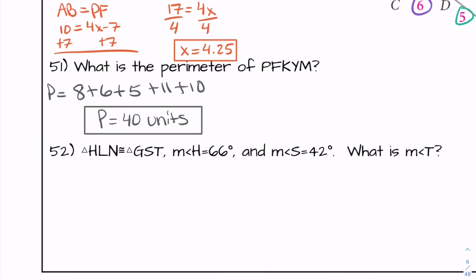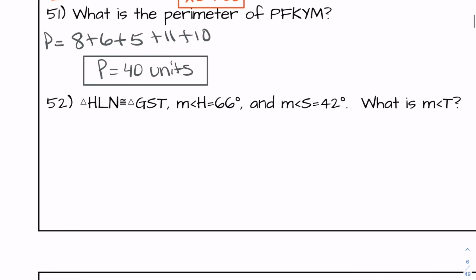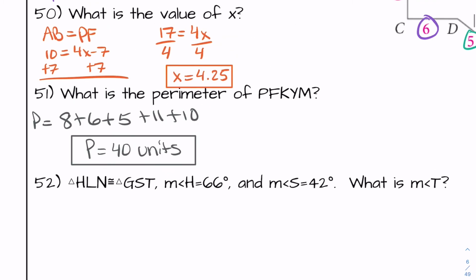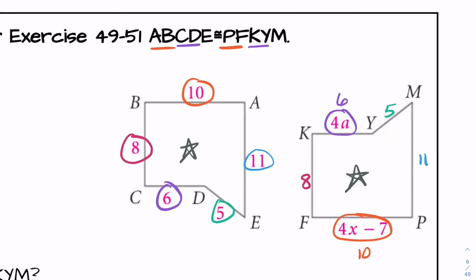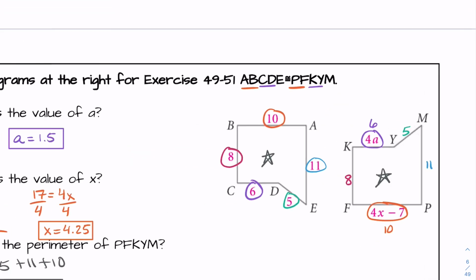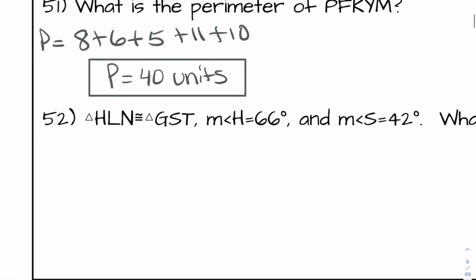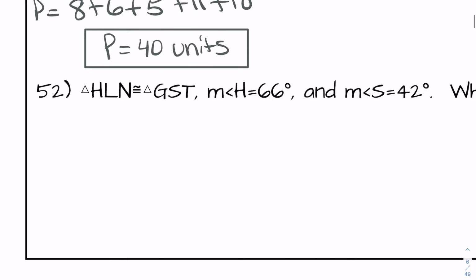We have one more question here. This is a different problem, so we're done with this pentagon one. In this one, triangle HLN is congruent to GST.